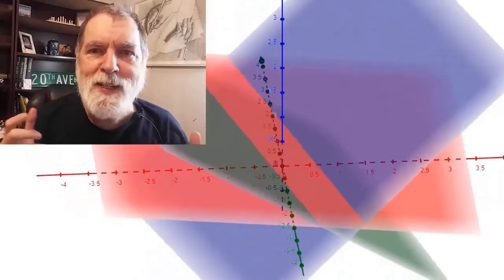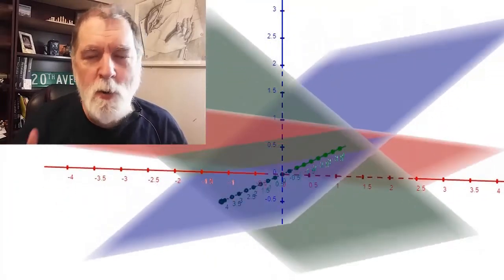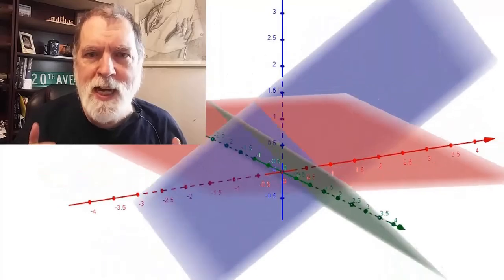This is a system of linear equations in 3 dimensions. It's analogous to the 2-dimensional system that we looked at in a previous video, in which we have 2 parallel lines.